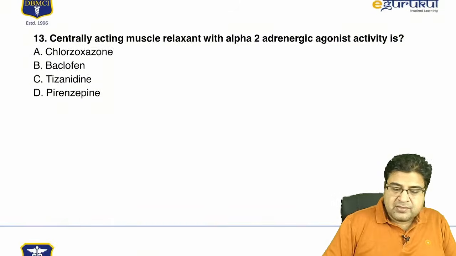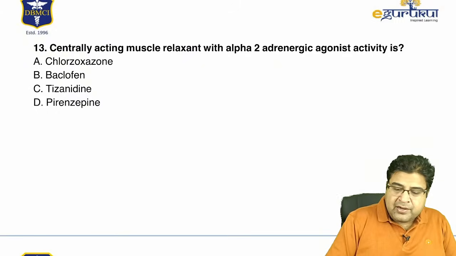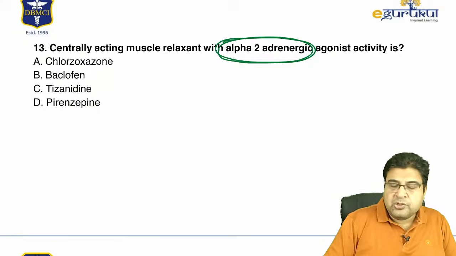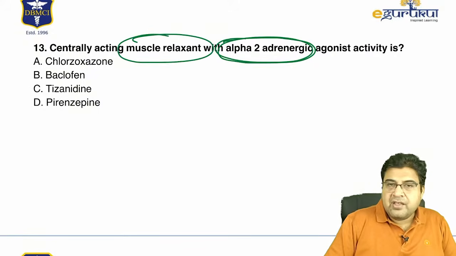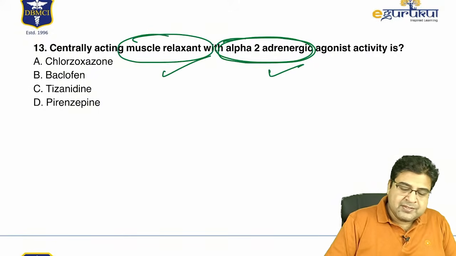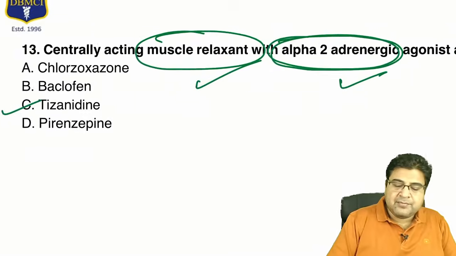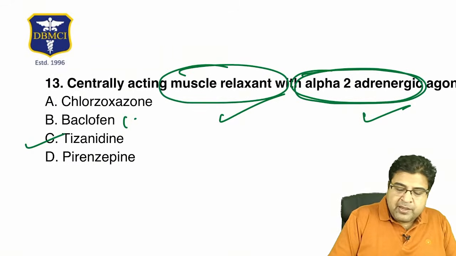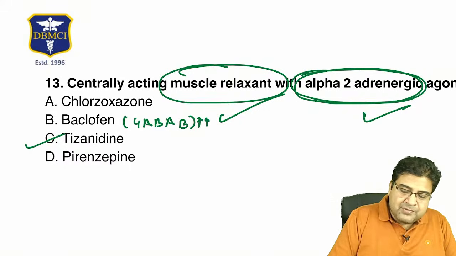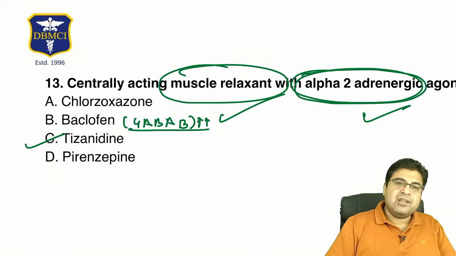Question number 13. Centrally acting medicine, which is an alpha-2 agonist and used as a muscle relaxant. The drug is tizanidine. Baclofen is also a medicine that acts on the GABA B receptor, and it is also used as a centrally acting muscle relaxant.